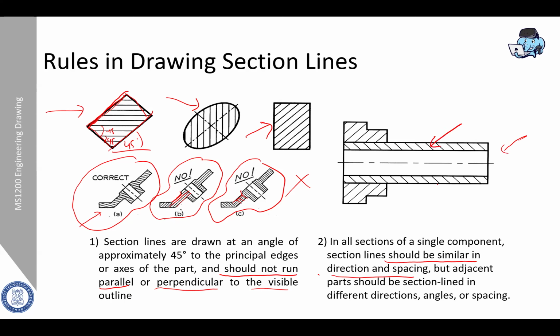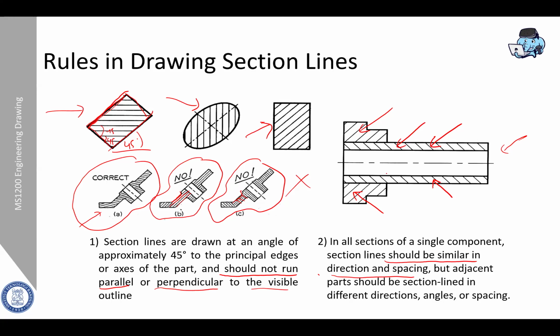This part and this part are actually the same component. That's why we draw the section lines similarly in direction and spacing. But this one is actually a different part from the tube. That's why the section line is drawn in a different direction.